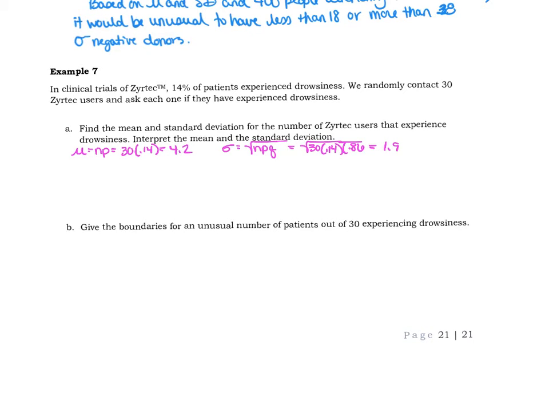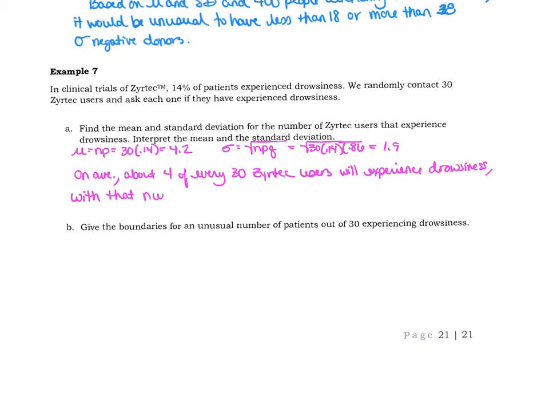And here it says interpret the mean and the standard deviation. So we can do that in one fell swoop here. So let's say on average, about 4 of every 30 Zyrtec users will experience drowsiness, with that number differing by 2 people on average.